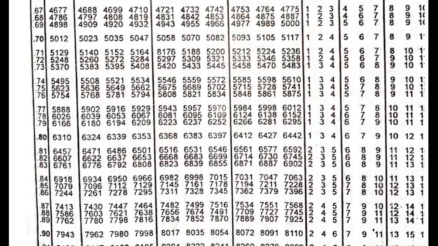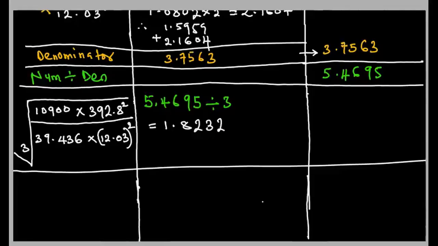Now the difference of 2 is still 3. So when you add these both values, it gives us 6656. Sorry, that should be written on the left hand side.